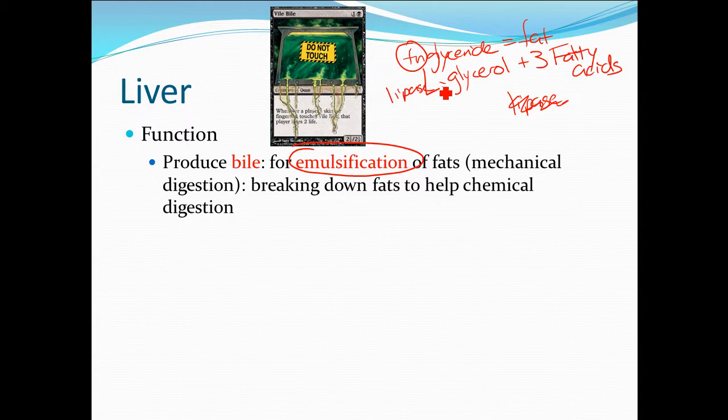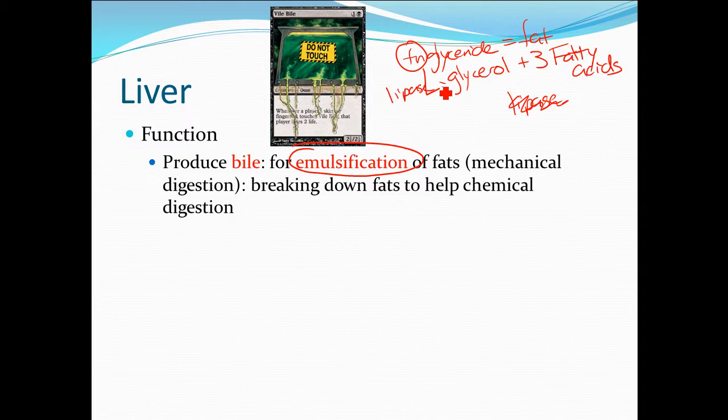So you could think of emulsification kind of like, if you were to leave Italian salad dressing on its own, you have that layer of oil on top. If you were to shake it up, you notice that layer of oil becomes droplets of oil instead, just temporarily.